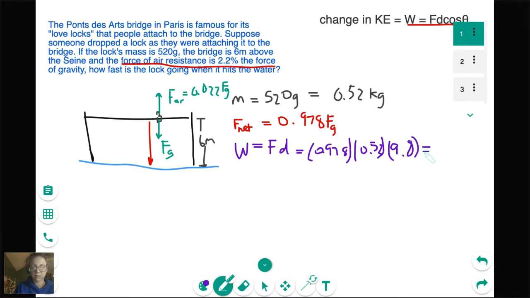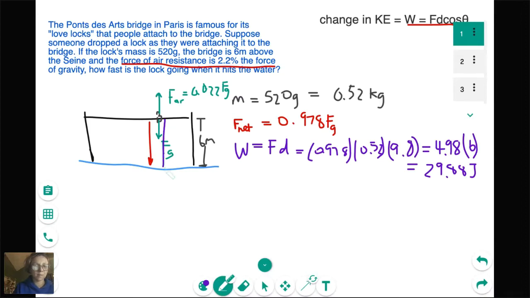And when I multiply that all out, I get 4.98 newtons. And then times the distance, which is 6. And I get 29.88 joules. So that is the work done by the net force all the way from here to here.